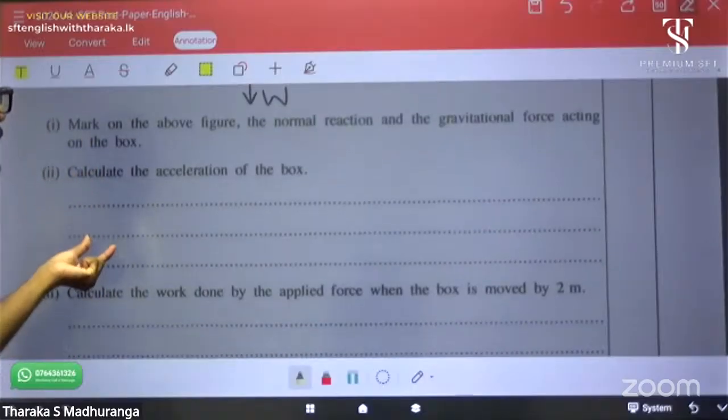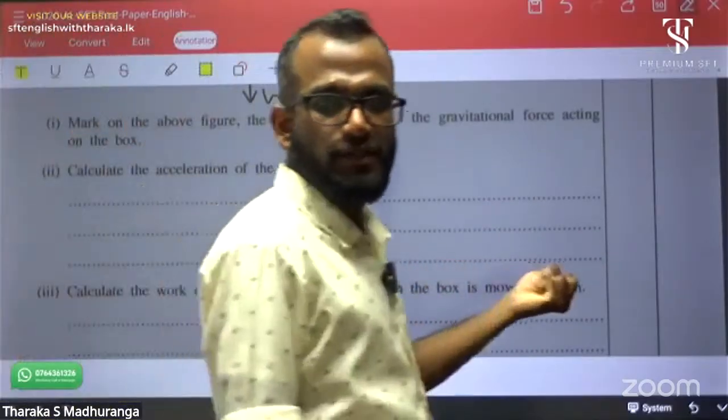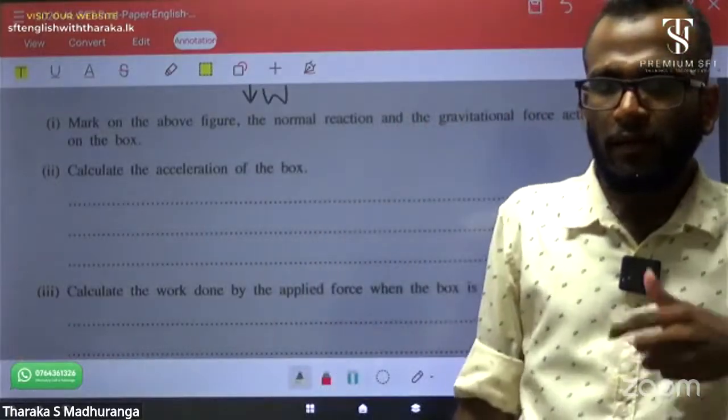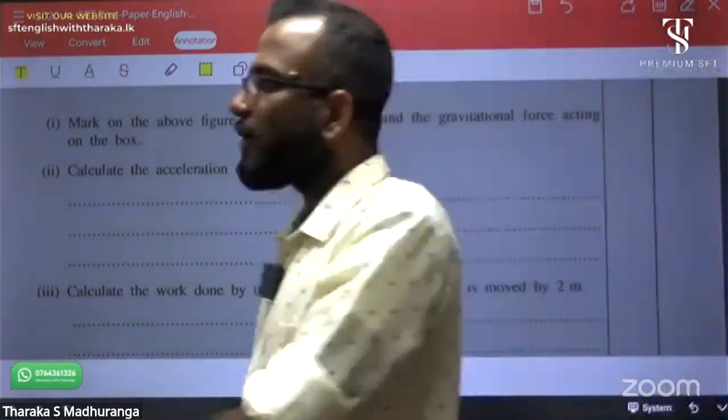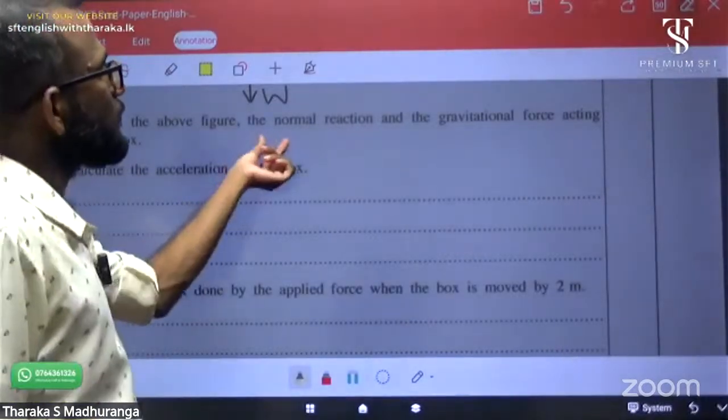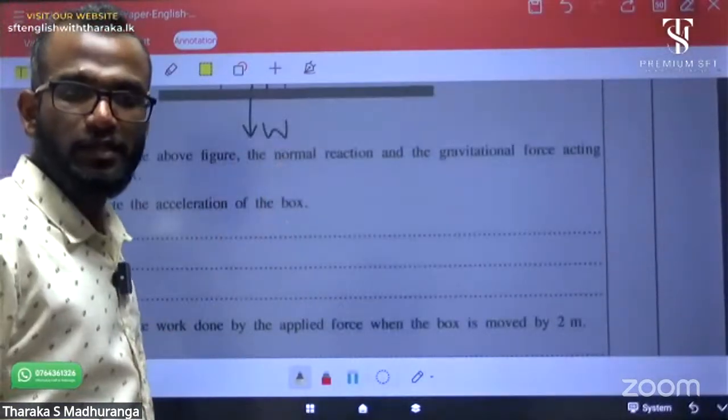Okay, calculate the acceleration of the box. Now it is a frictionless surface, right? Can you calculate?